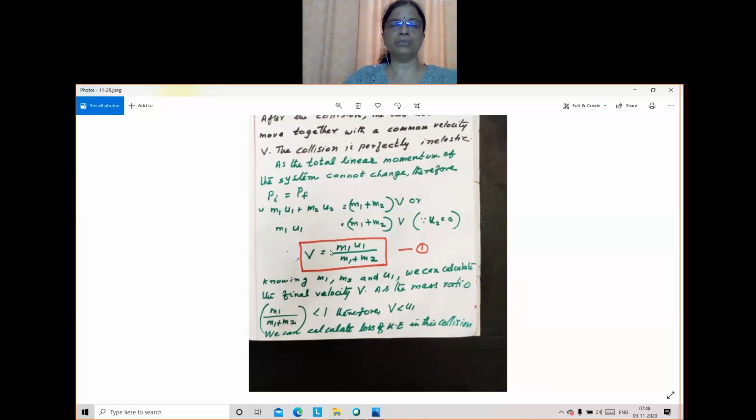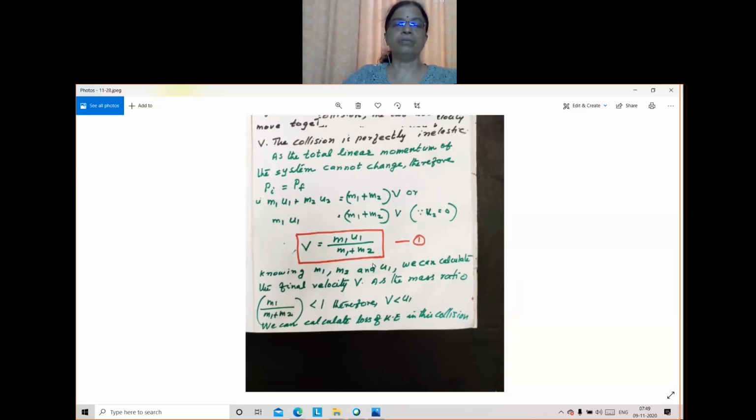So m1 by m1 plus m2 is less than 1. Therefore, v is always less than u1, because 0.5 times any velocity also becomes less.